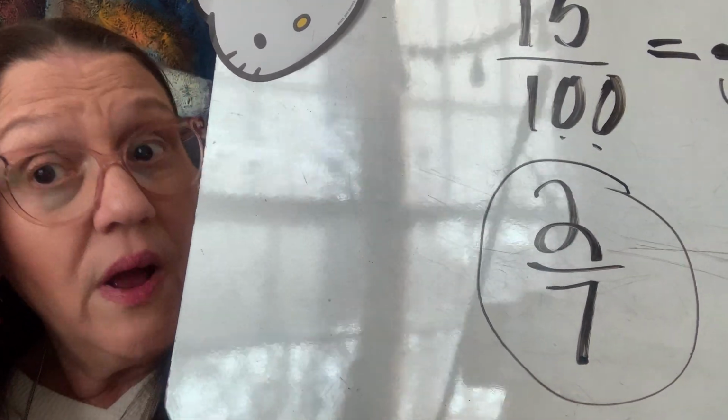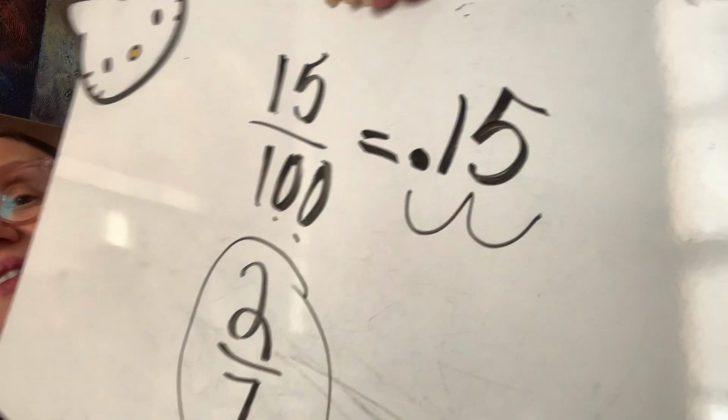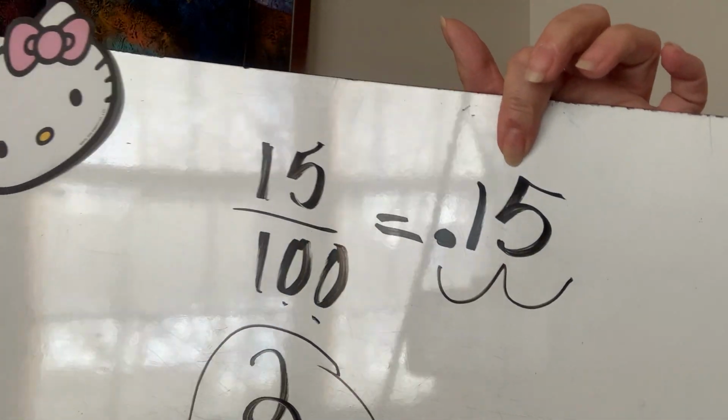If you take 2 and divide it by 7 on a calculator, you'll find some decimal that goes on with all kinds of numbers. That is the correct decimal, but it's not nice and even like our 15 hundredths is. So you can see that decimals are really special fractions. Fractions with a denominator of 10, 100, or 1,000.